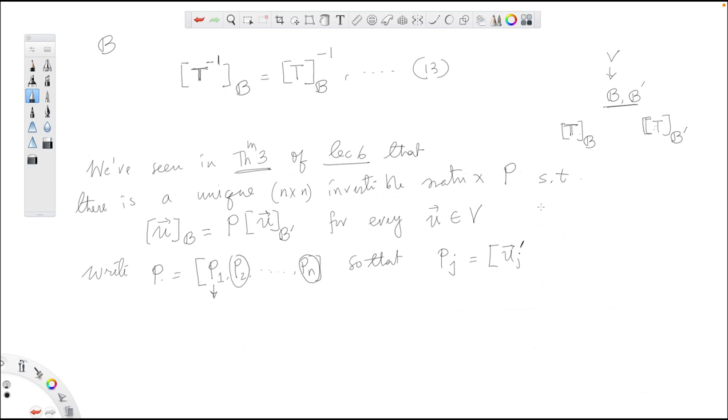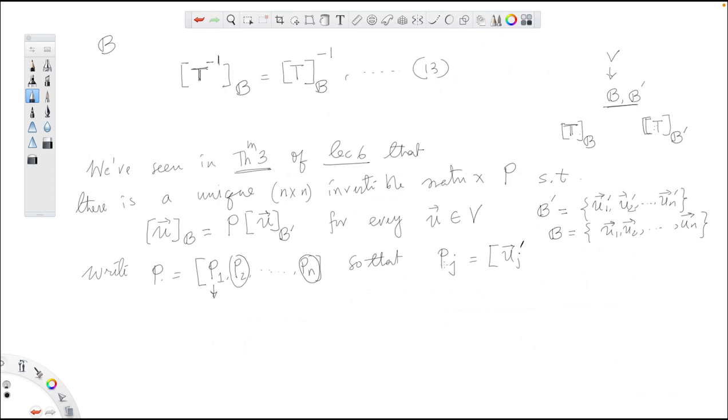Remember, B prime was the basis set u1 prime, u2 prime, all the way up to un prime, and the ordered basis B was u1, u2, all the way up to un.